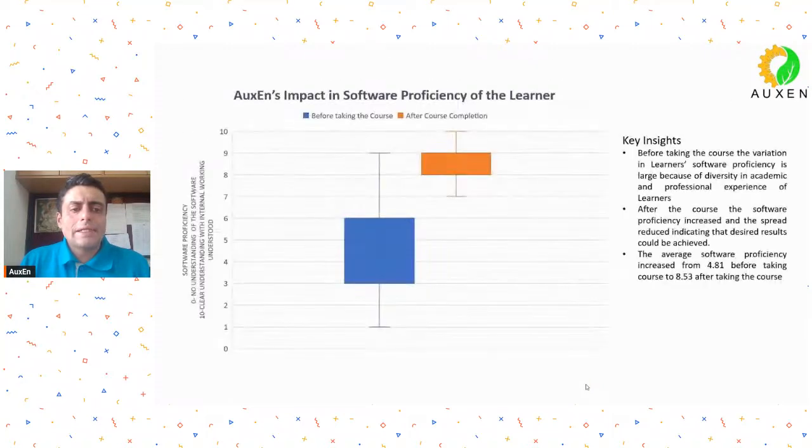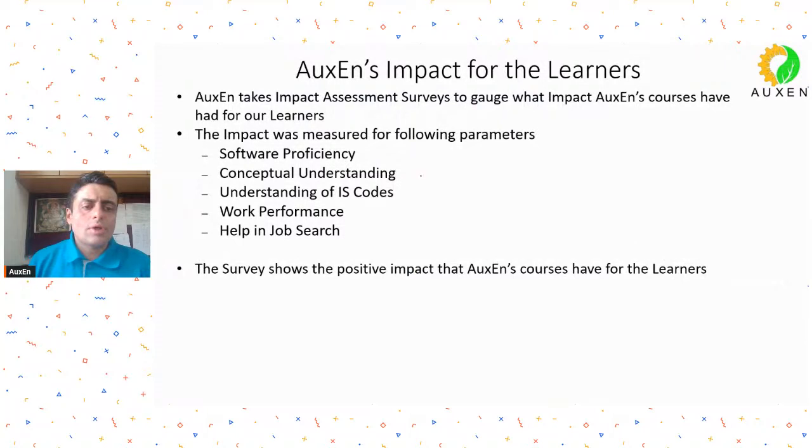Yeah, so as I was telling, we not only focus on providing software proficiency, but we try to address all these issues in our courses, and we tell our participants to fill an impact assessment form once our course is over, just to understand what impact we have created in our participants. So we measure the impact of our courses under these parameters.